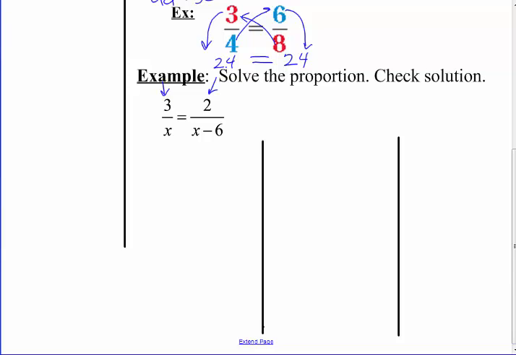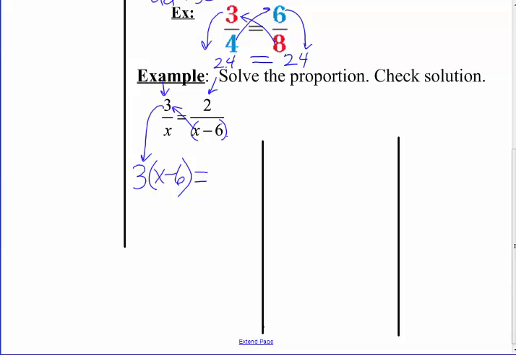When we do that, everything in the denominator gets multiplied by the opposite numerator. So we are going to multiply 3 times x minus 6. Make sure you have the parentheses there so you don't forget you have to distribute the 3. The whole thing is going to get multiplied by 3.